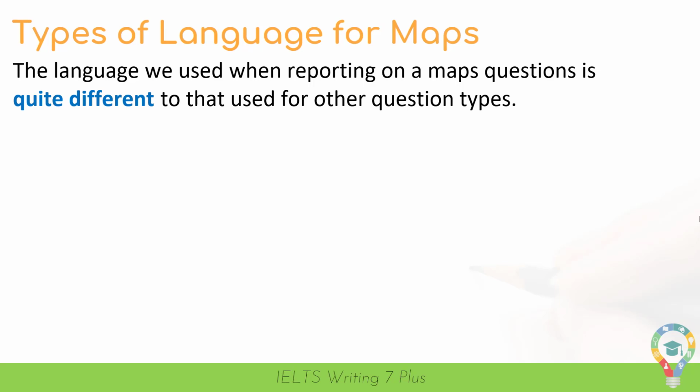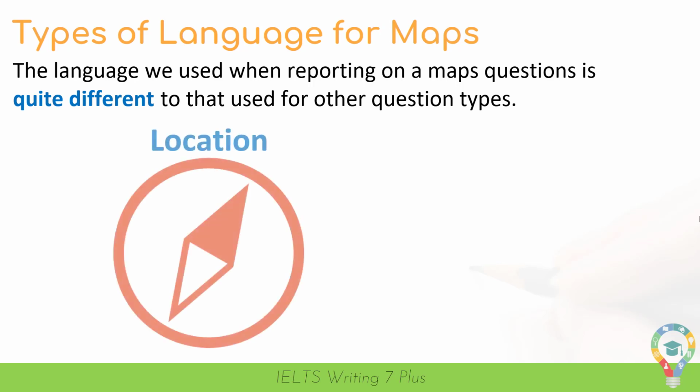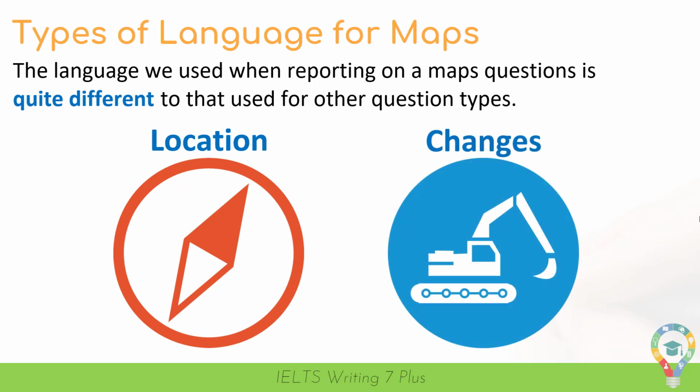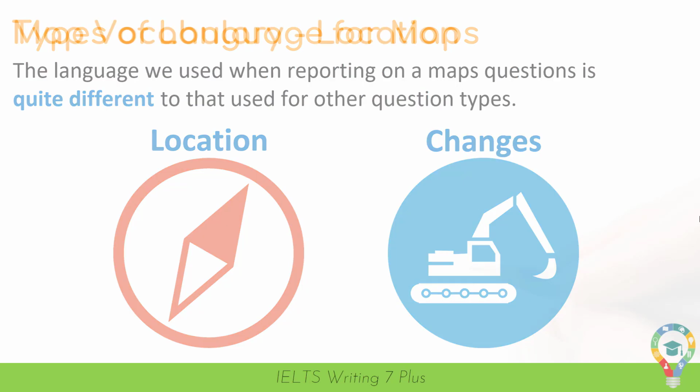And really, there are two types of language that we're going to be focusing on in this lesson, and that is vocabulary all about location, as well as some vocabulary to help us describe the changes we see on the map. So let's begin with looking at location.